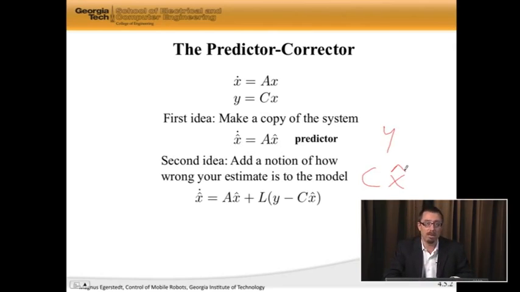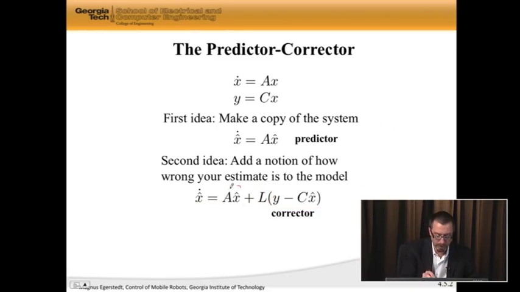And in fact, what I do is I add a piece to my predictor. So x hat dot is A x hat, plus this difference, y minus C x hat, which tells me how wrong I am. And then I add some gain matrix here, L, and this gives me a predictor and a corrector.